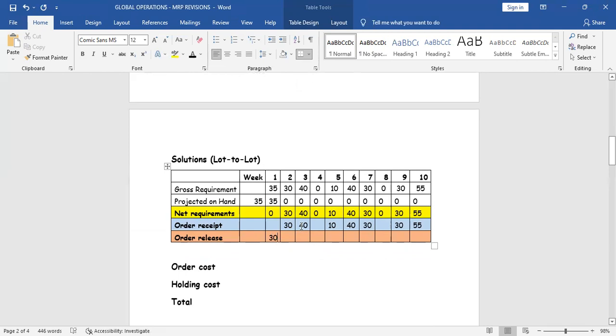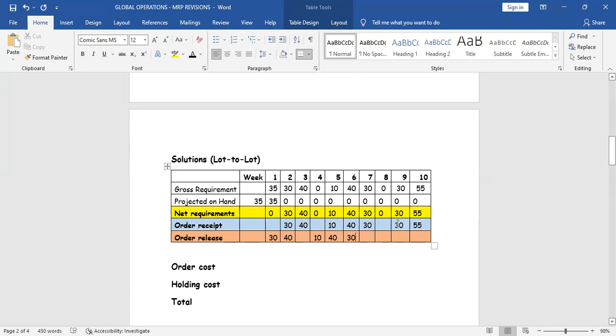The 40 that is needed in week 3, we need to place an order in week 2. So 40 will come there. The 10 that is required in week 5, we need to place an order in week 4. The 10 will come there because of the 1 week lead time. So we have the 40 for week 6 coming in week 5, and we have the 30 for week 7 coming in week 6.